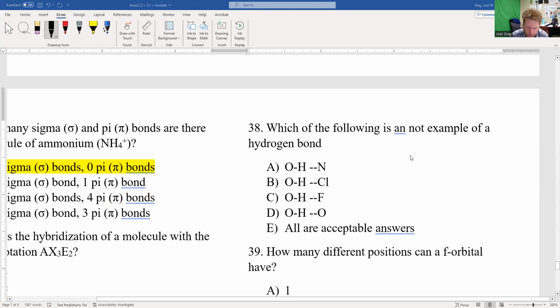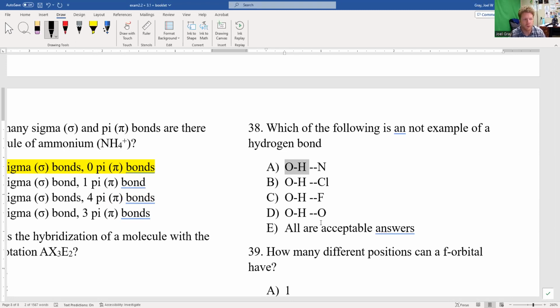All right. Question number 38 reads, which of the following is not an example of a hydrogen bond? Okay, so the first part of this, we've got OH, and answer is A through D. OH, so there's our covalent bond between oxygen and a hydrogen. So that oxygen is our electronegative element.